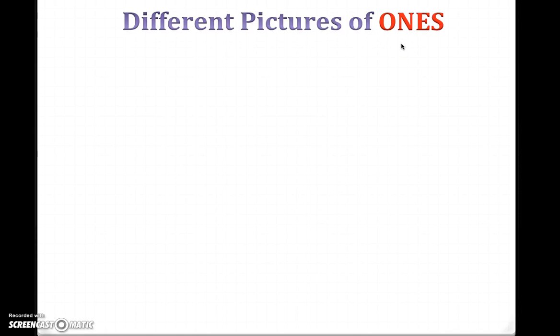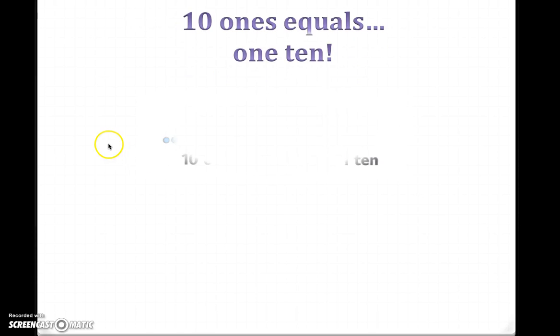So to start, we have been learning about ones, and you're going to see your ones pictured as little ones cubes. You might see the ones pictured as a one stick. Tens can look a few different ways, but the really important thing is that we remember that a group of 10 is really made up of 10 ones.